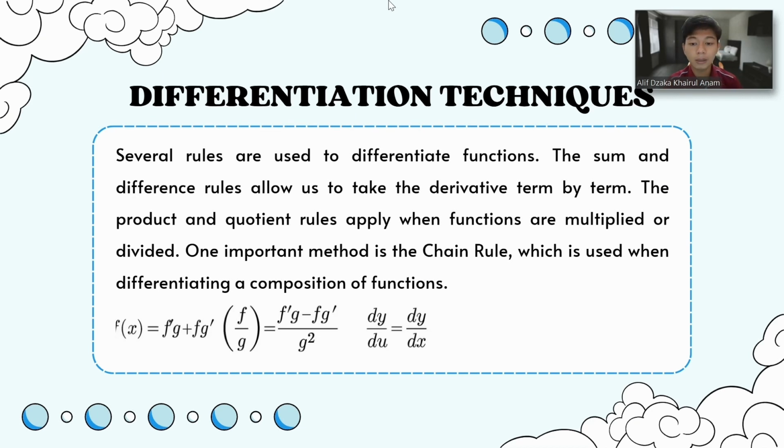One important method is the chain rule, which is used when differentiating a composition of functions. Okay, we go to the next slide.